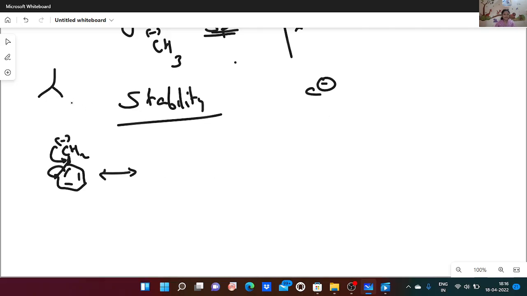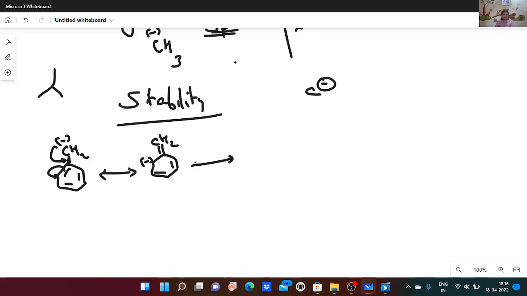So in benzyl carbanion you can draw the resonating structures like this. Okay, so when it is CH2, it becomes a double bond, then a minus charge here. Then you can write the next structure like this.